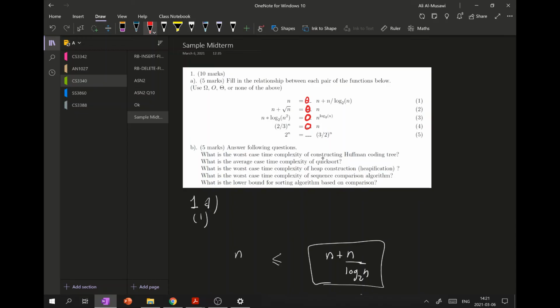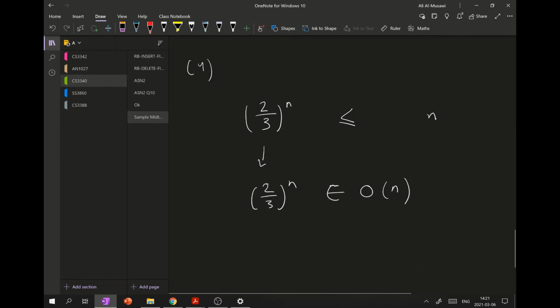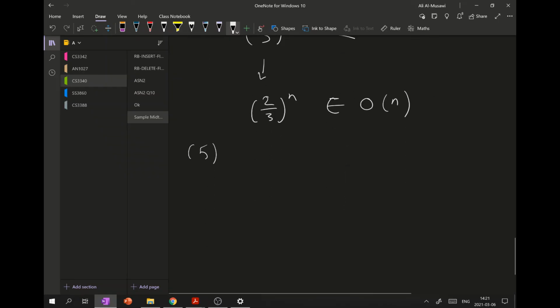Okay. The next thing is looking at 2^n compared to (3/2)^n. All right.